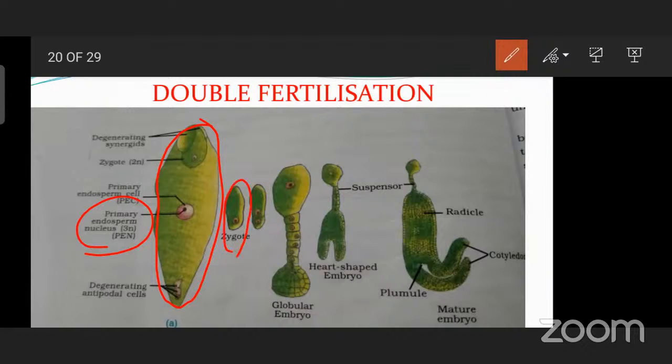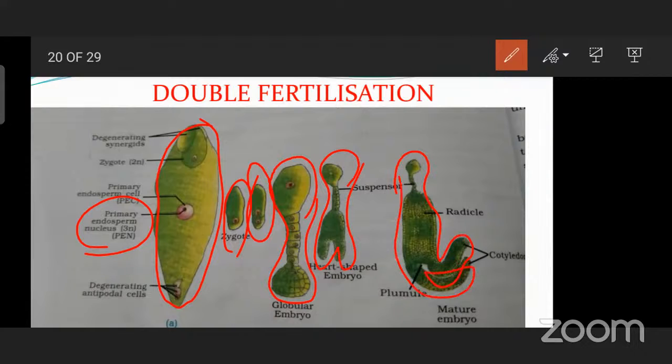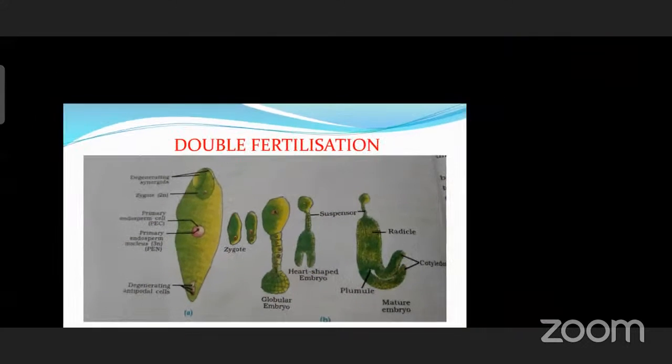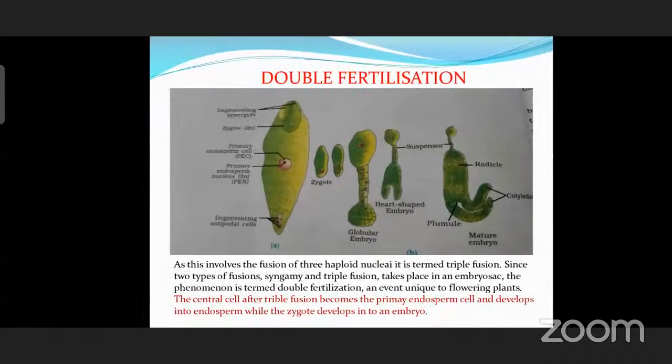The zygote gives rise to the pro-embryo and subsequently to the globular embryo, the heart-shaped embryo, and finally the matured embryo. This is the double fertilization process.